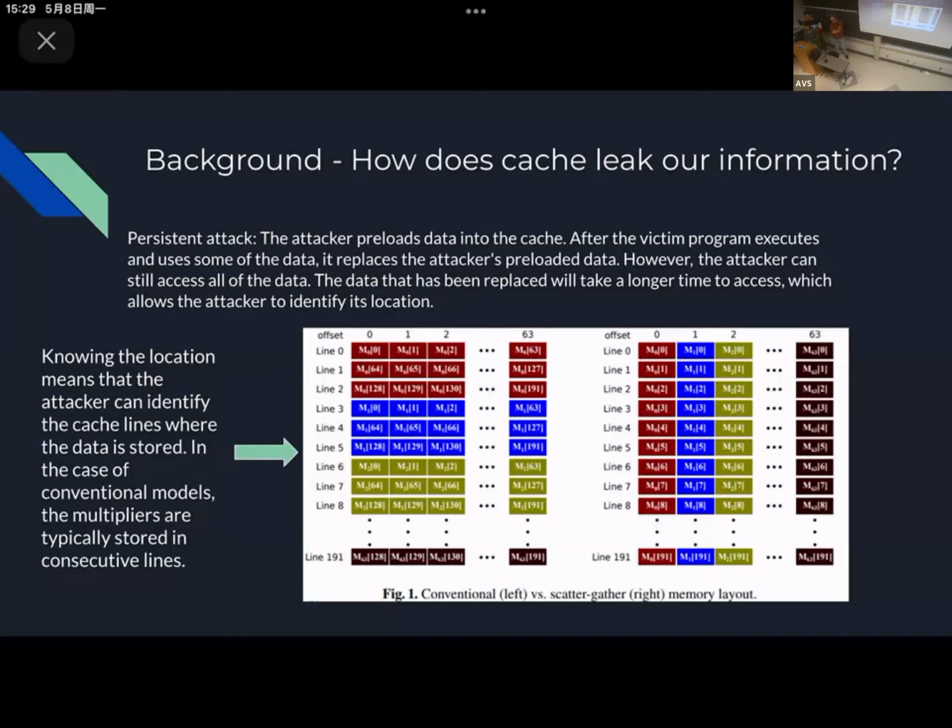If the attacker preloads data into the cache, and then the victim program executes, some of the data will be replaced. Afterwards, if the attacker accesses the data again, you can figure out which ones take longer to access, and those will be the ones that were replaced. So this is how we identify the location of the data.